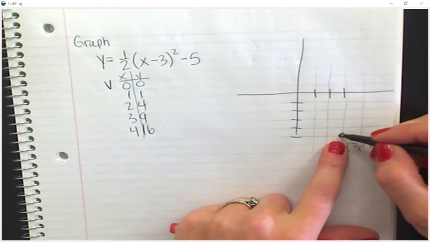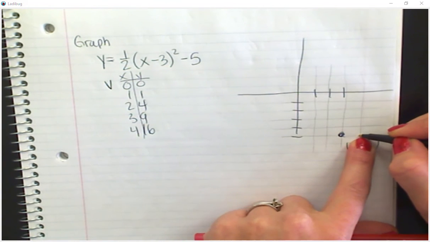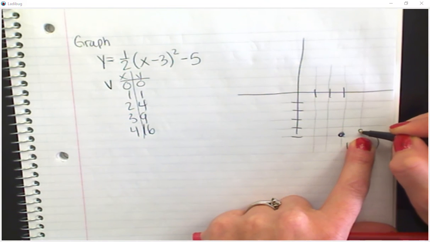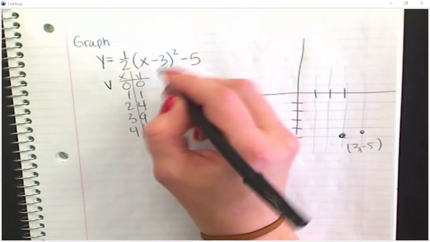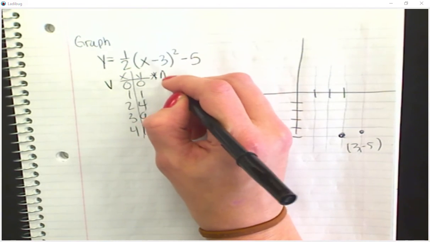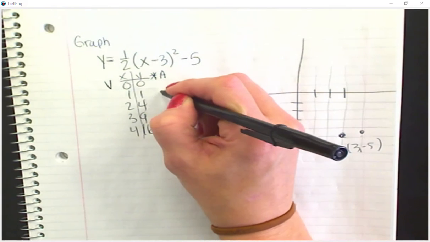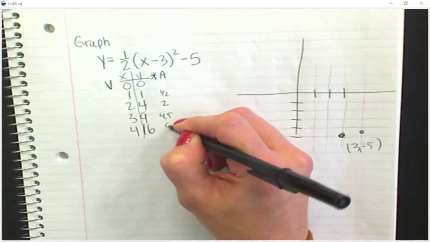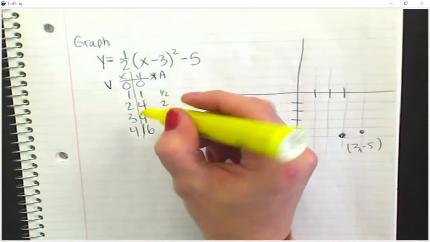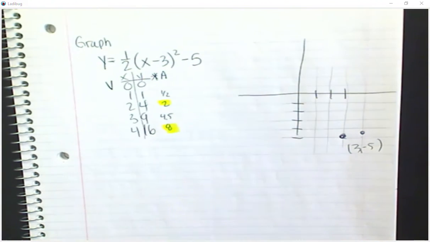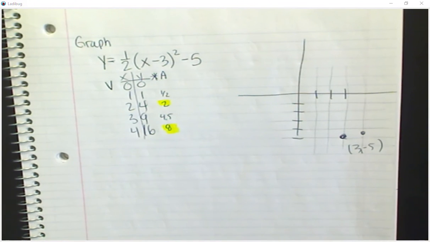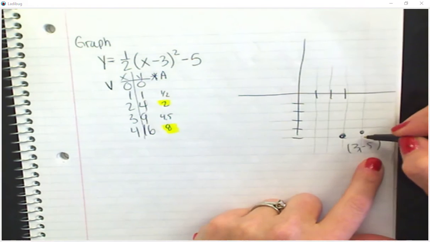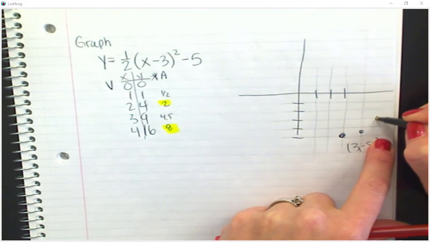If I want to go over 1, besides it being concave up, I'm only going to go up a half because all of these have to be multiplied by a. I'm only going to plot these. I really don't care about those half points. I just would like to see the integer coordinates. So I'm going to count far enough out where I get the points that are integers. So over 2, up 2.